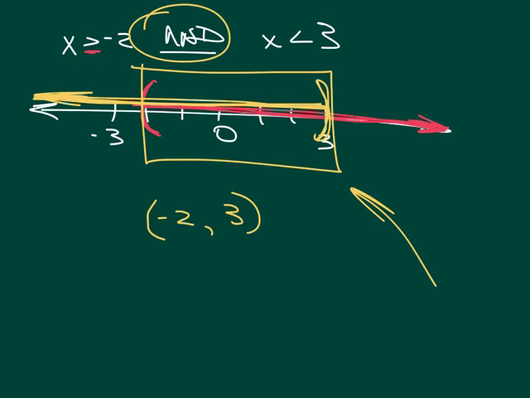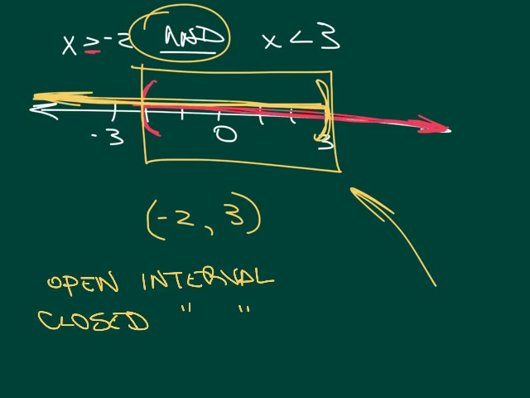Two more vocabulary words, and then we'll be done. One is called open interval, and one is called closed interval. Okay.